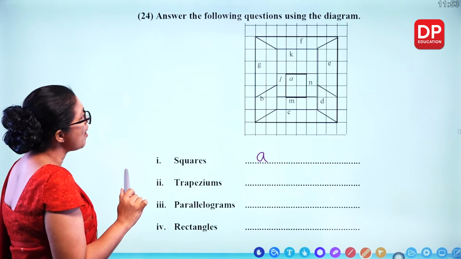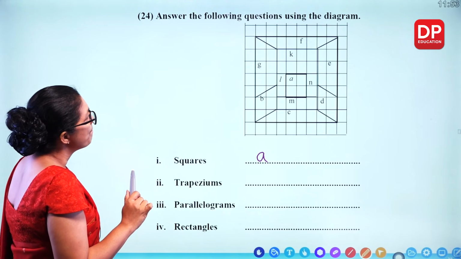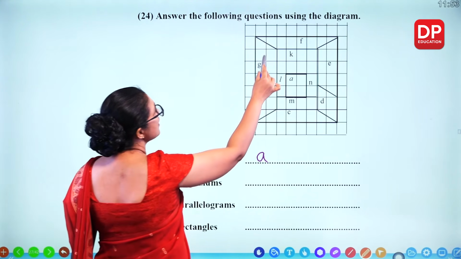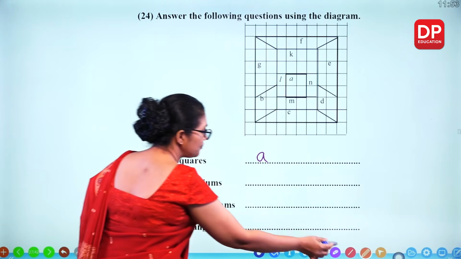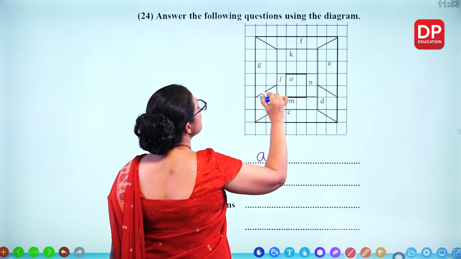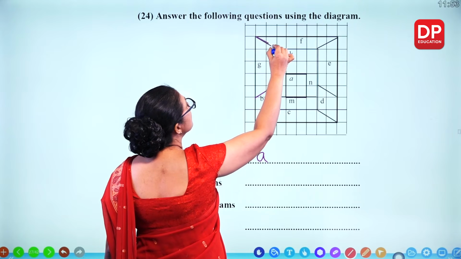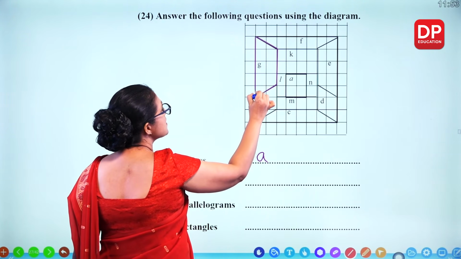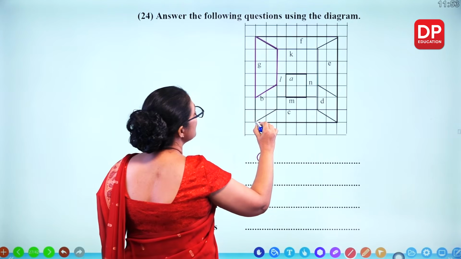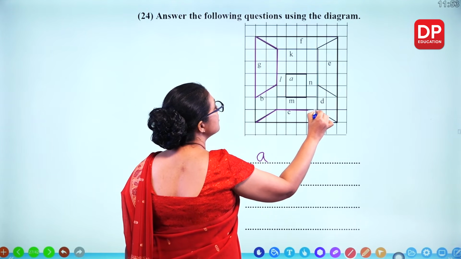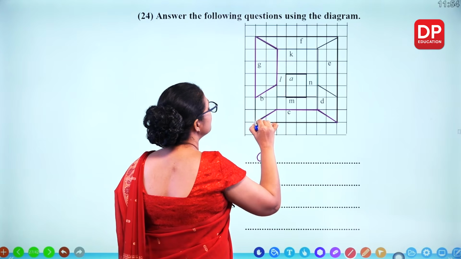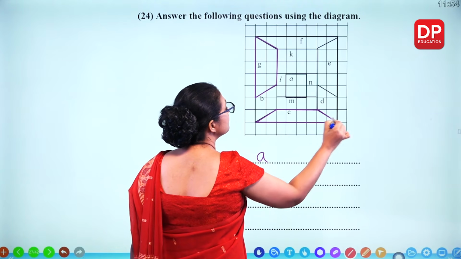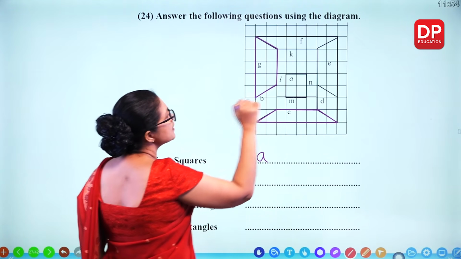So what are the trapeziums? Here, G, I'll draw with lines. This is one trapezium. Here, another trapezium. What else?